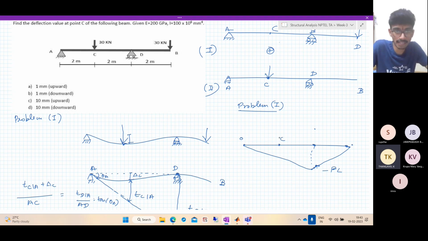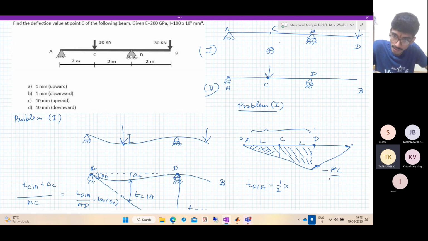Now what are all the quantities that we need? We need TD with respect to A and TC with respect to A. So what are the areas that are required? This one and the full one. Very simple. What is TD with respect to A? This is L and this is L. Area is half, height is PL by EI, distance is 2L.